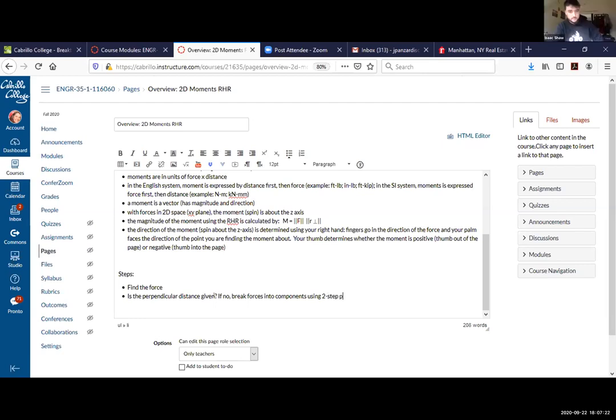Two-step process. And do plus or minus visual and magnitude checks. And then 3 is follow this.